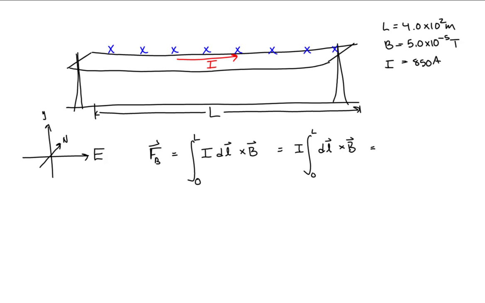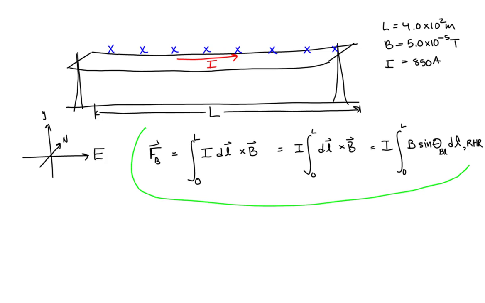We could rewrite this integral to say that it is the integral of the magnitude of the magnetic field times the sine of the angle between the magnetic field and the displacement differential times the magnitude of the displacement differential. And this is going to be in a direction given by the right-hand rule. Let's go ahead and move this over to the left a little bit to give us a little more space to work with.